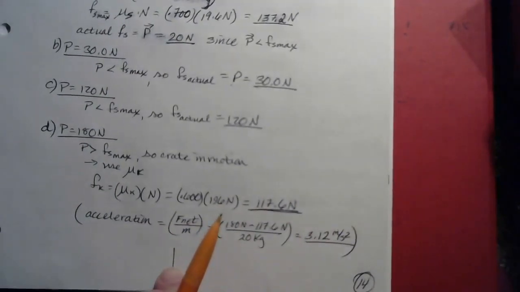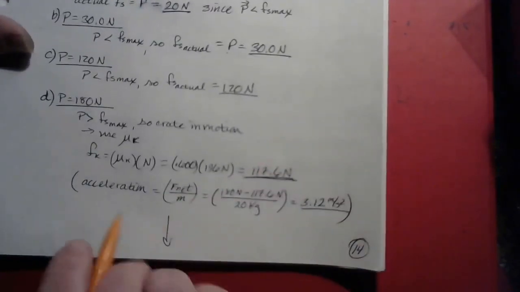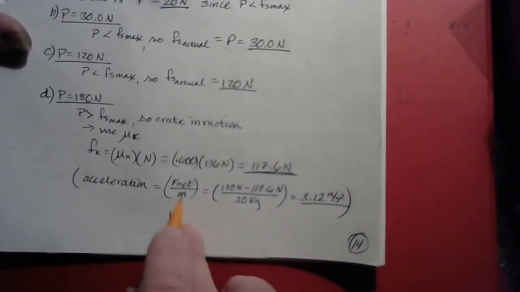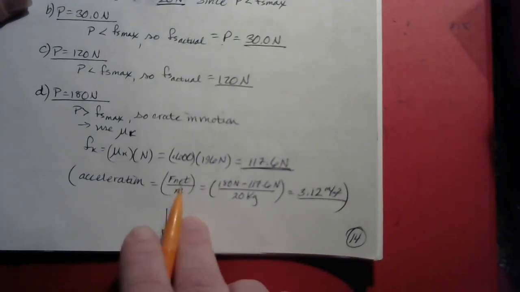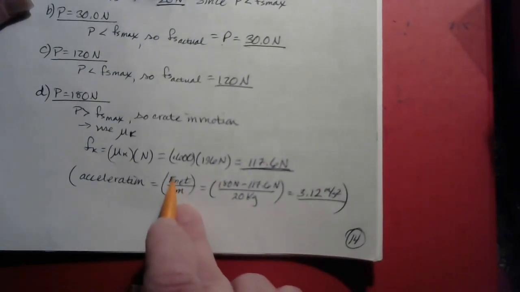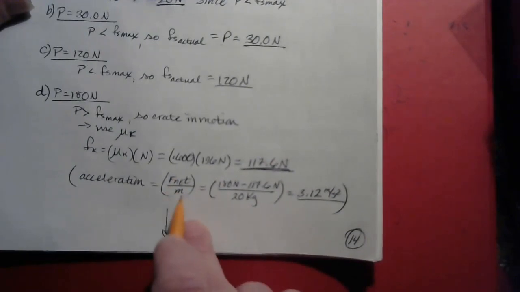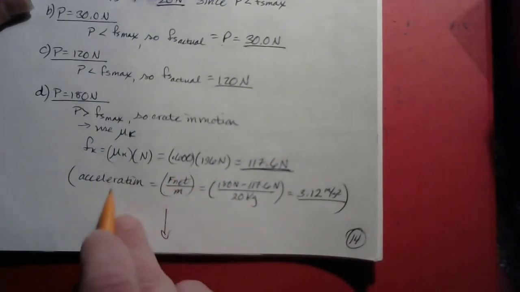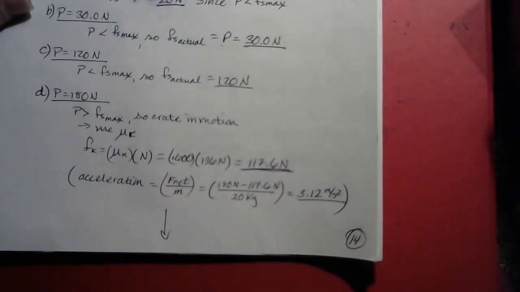And I don't believe they actually asked for it, but if you're interested, the acceleration of the crate when it first starts moving will just be the net force over m, the mass, because F equals ma. So a equals F over m.